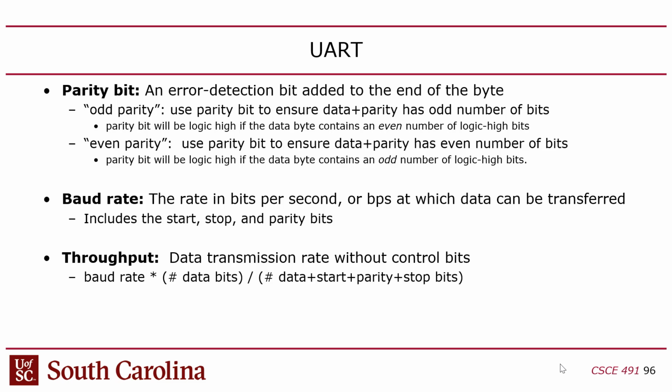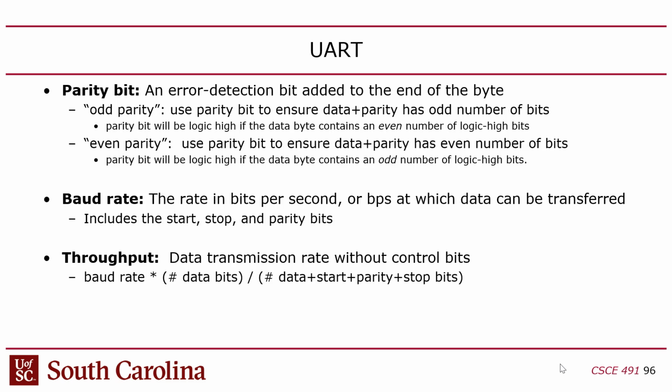That's what I would guess, right? Makes sense. But that's not how it works. It's actually the opposite. If you're using even parity and there's an even number of 1 bits in the channel, the parity is 0. So it's kind of active low, right?